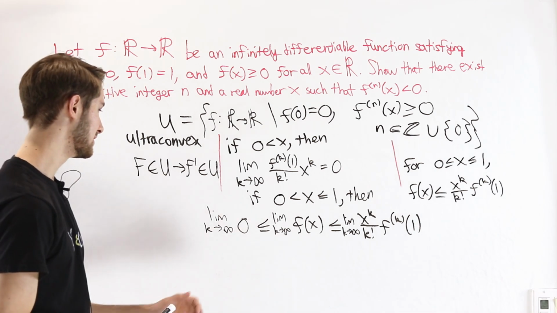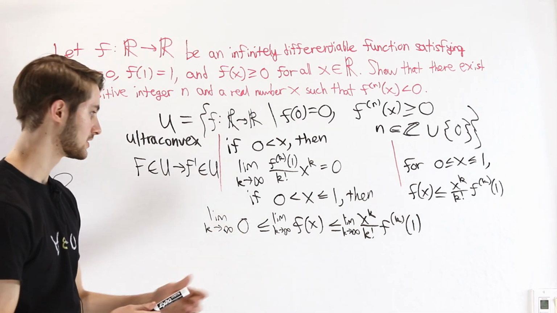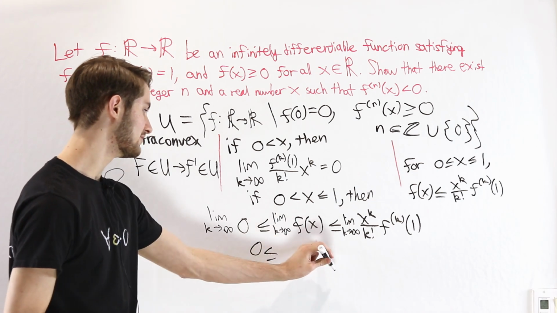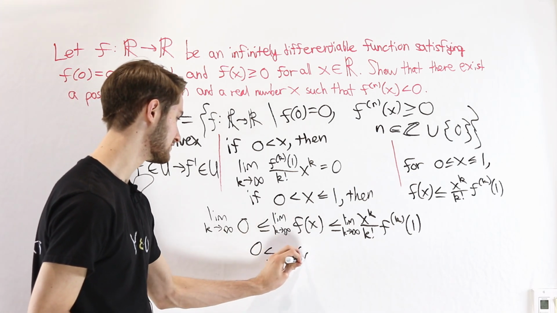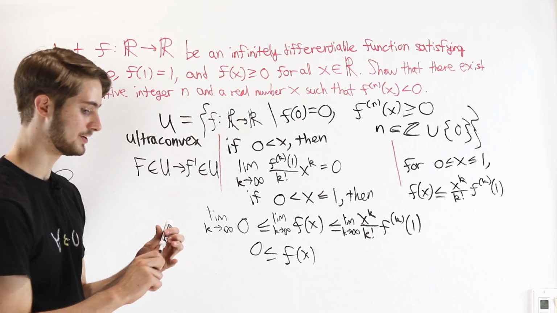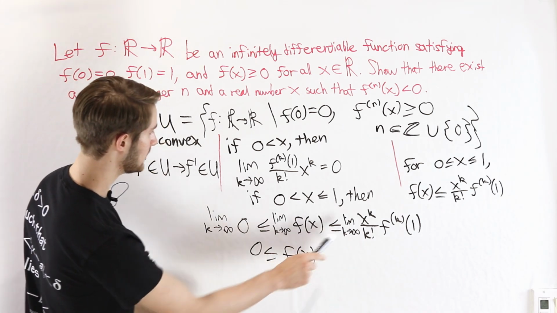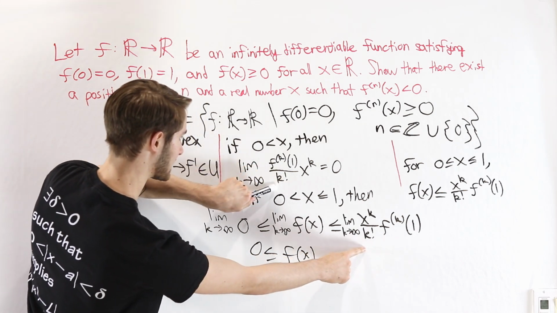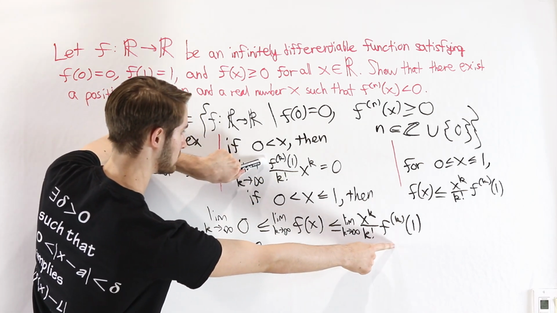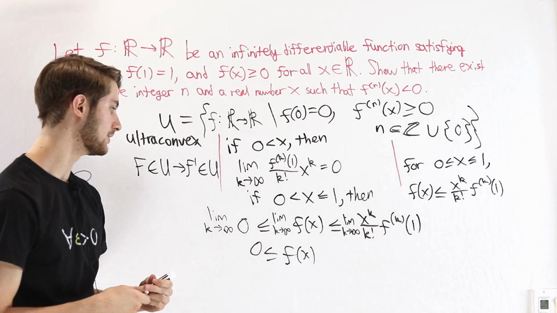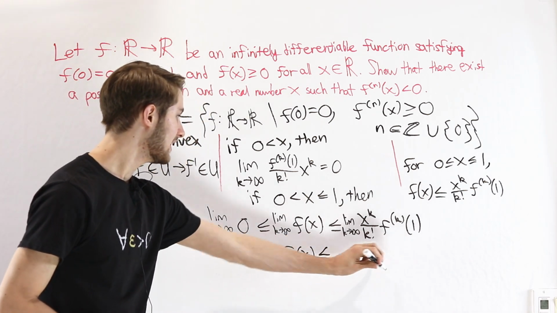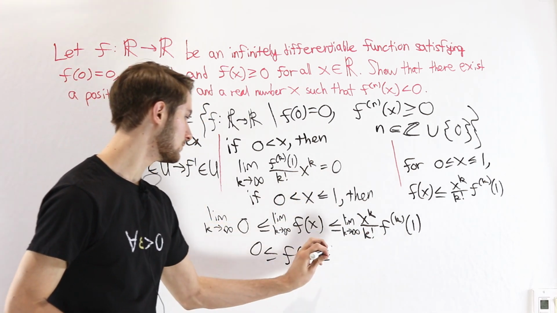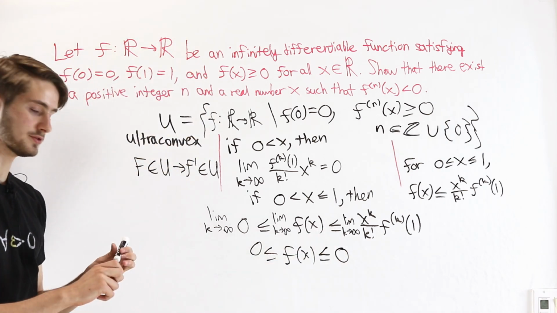Now if we do this limit, the limit of 0 is just going to be 0. And the limit of f of x is just going to be f of x. That's not with respect to k at all. But over here, we have the limit as k approaches infinity of x to the k over k factorial times the kth derivative of f evaluated at 1. That limit right here is equal to 0 on that interval.